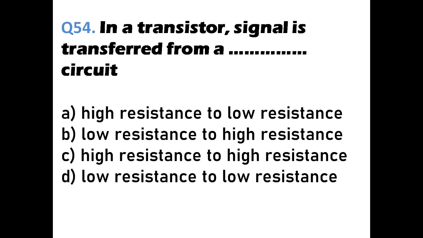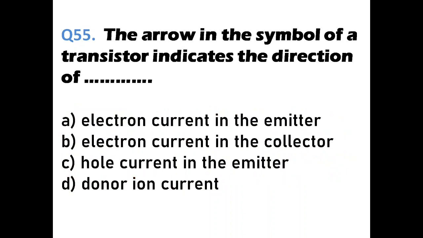Whenever a signal is applied at the emitter and the output is taken at the collector, the signal passes from low resistance to high resistance. So a transistor transfers a signal from low resistance to high resistance, and option B is the correct option. Low resistance is of the forward biased emitter base junction and high resistance is of the reverse biased base collector junction. Then we'll go to the next question, question number 55.